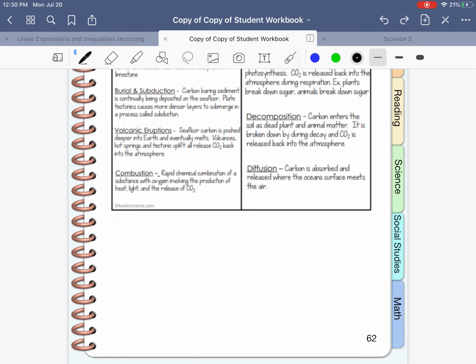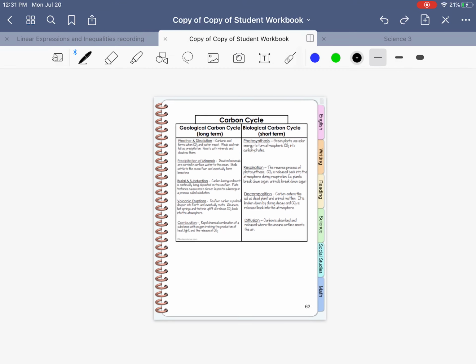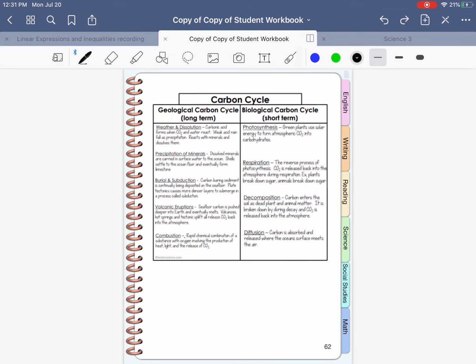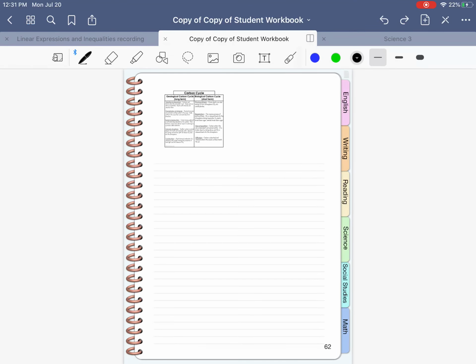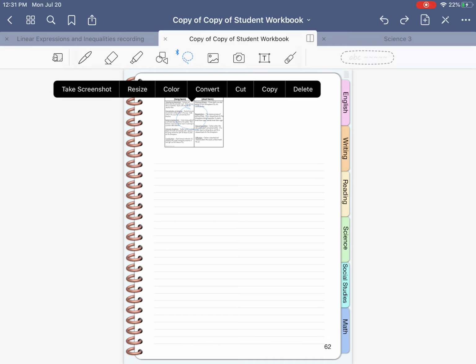I'm using page 62, and I know you have some lines here. We're not going to stick this piece down on page 62, so you can use page 62 for notes if you want. So what your page 62 looks like is something like this. Let me see if I can just duplicate that.